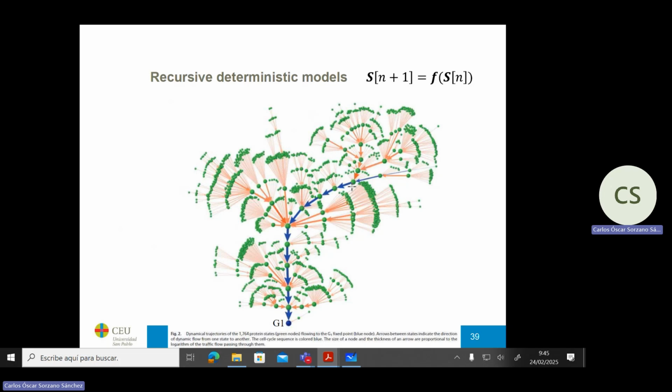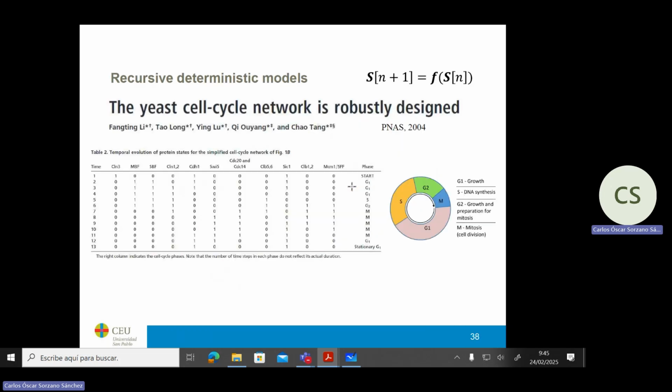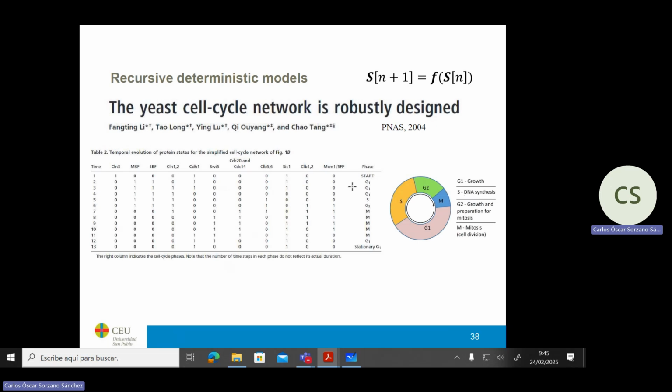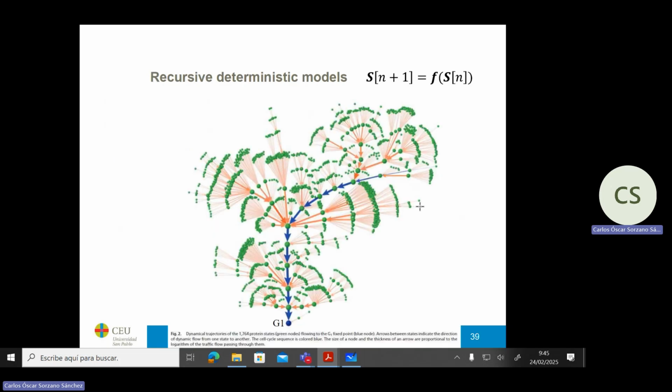So you see that cells have been designed in some way by evolution such that these big states are very robust. If there is a mistake in a particular gene, it doesn't matter, because as time evolves, it will converge to a state that is well known.